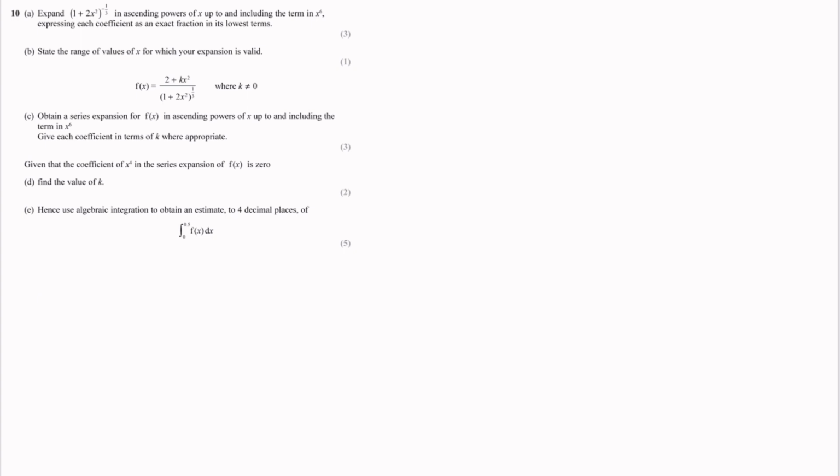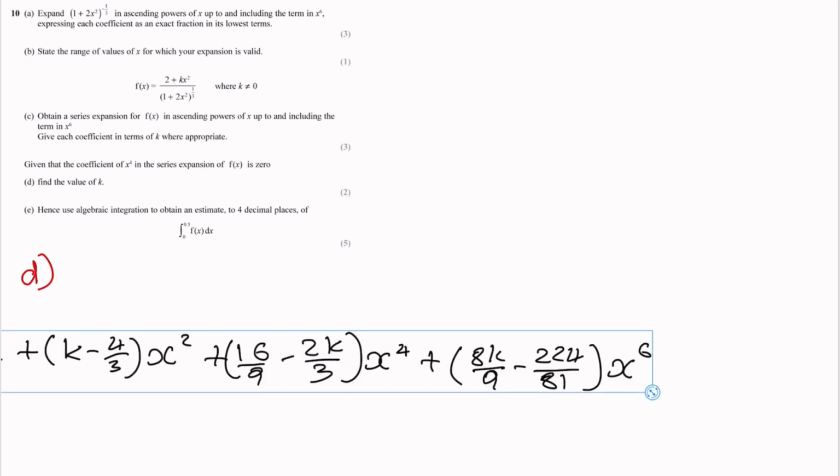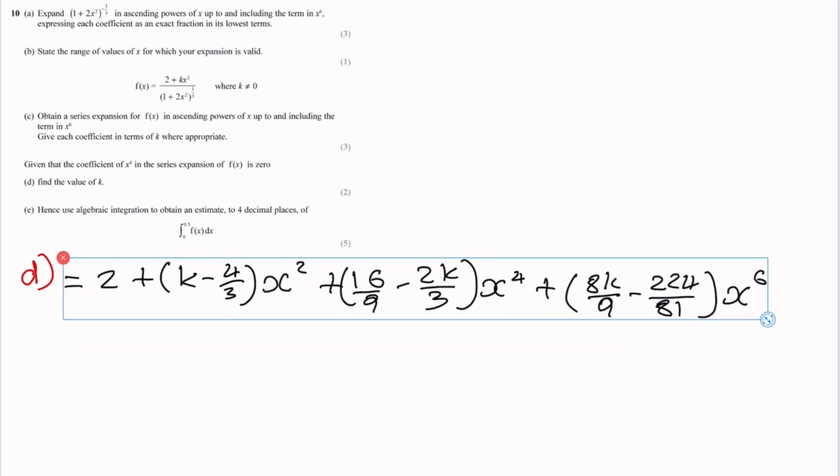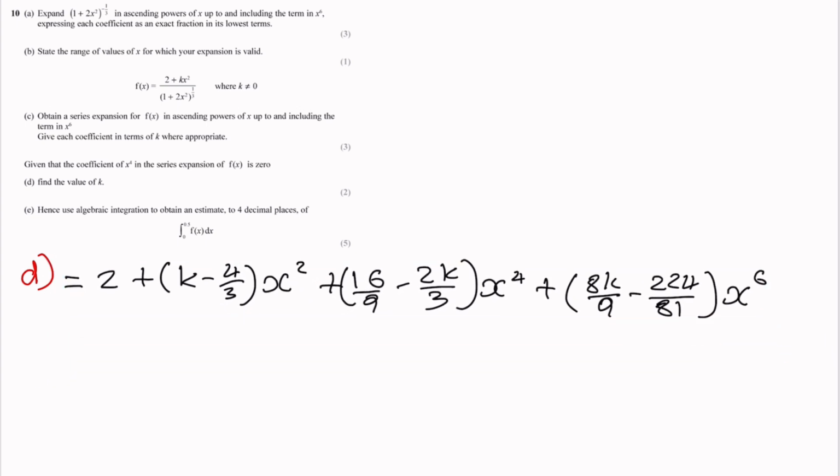Part D. Given that the coefficient of x to the power 4 in the series expansion of f of x is 0, find the value of k. So our expansion of f of x from part C was this, and we know that the coefficient of x to the power 4, 16 over 9 minus 2k over 3, is equal to 0.